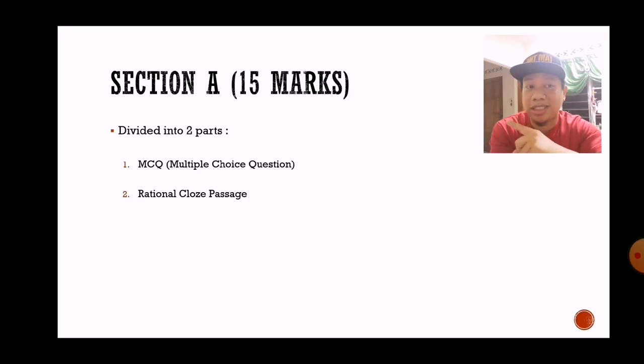Next week you will see what is the color of the answer booklet for SPM paper. Alright, let us go back to section A. That one is for the first part. Remember MCQ, also known as, normally students use AKA, also known as multiple choice question.